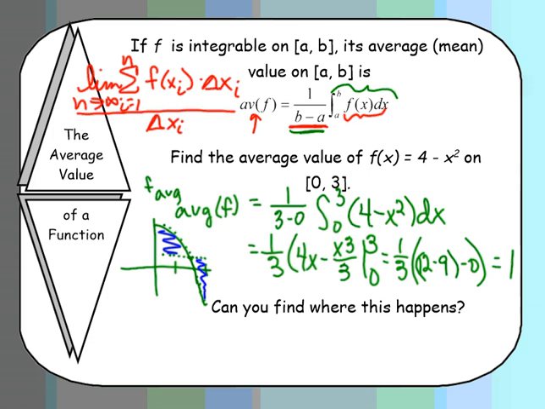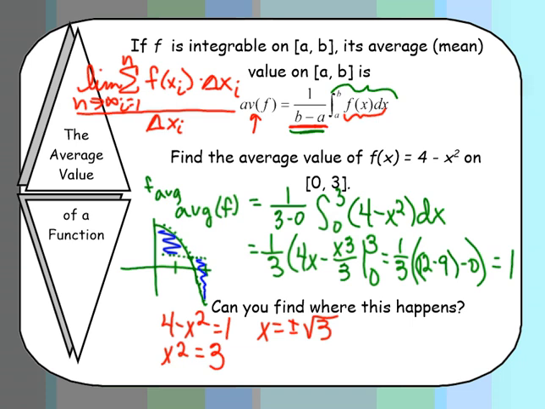First of all, let's see if we can figure out where this happens. And this is going to happen wherever your function equals 1, right? Okay, where your f of x equals 1. So when you start to put it in here, you're going to have x squared equals 3 going through to solve, so x is plus or minus the square root of 3. Of course, we put our plus or minus, right?